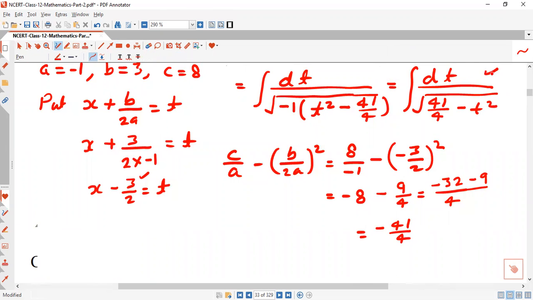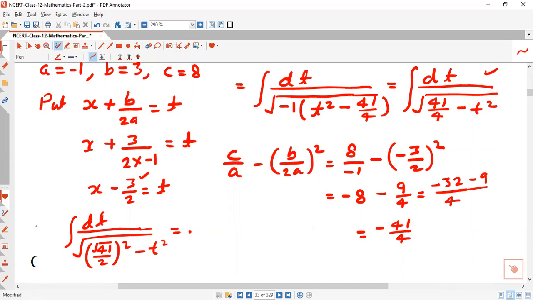Let's say this equation that we are doing: dt divided by under root of (root 41 by 2) whole square minus t square.